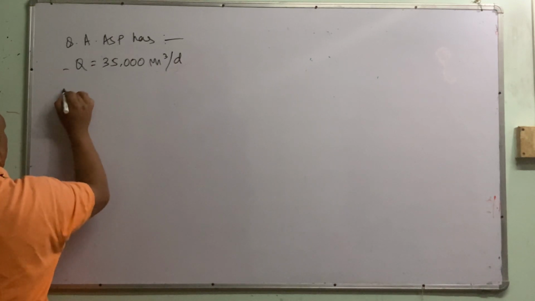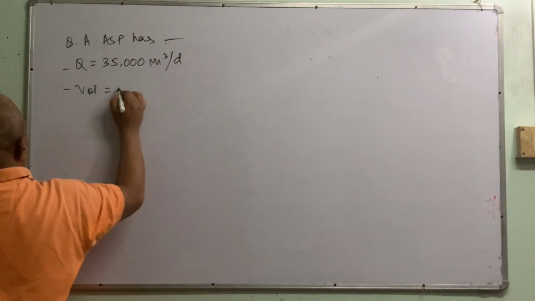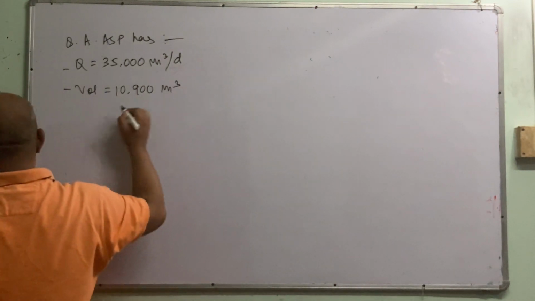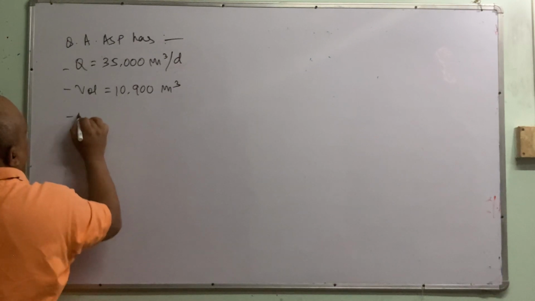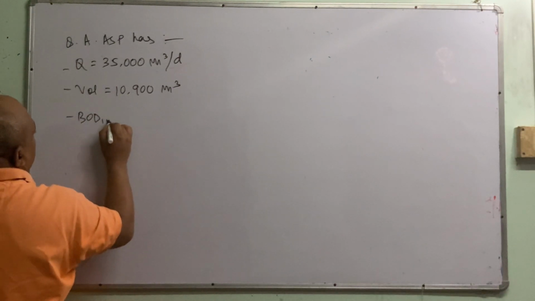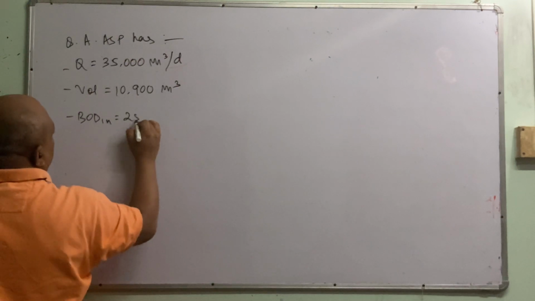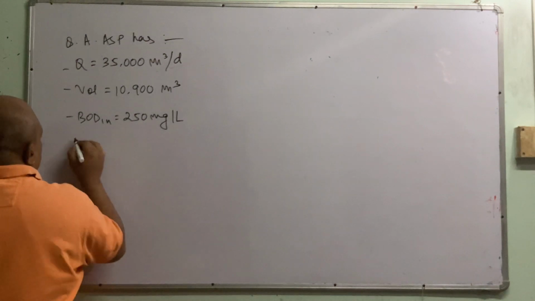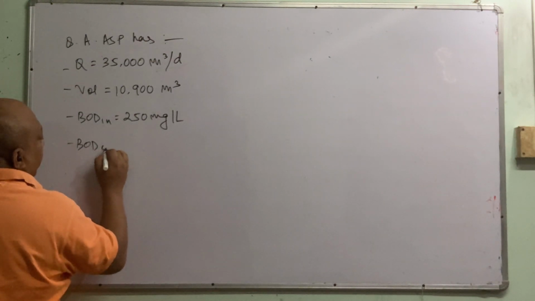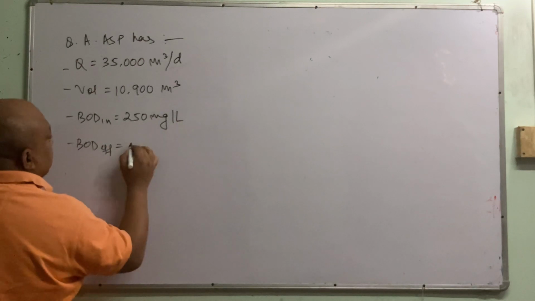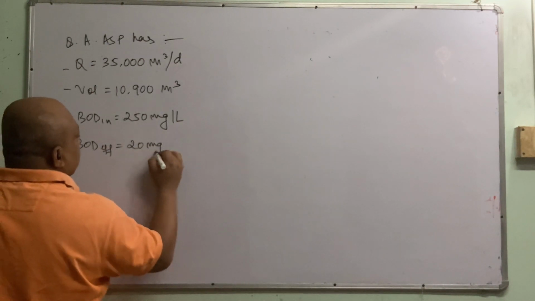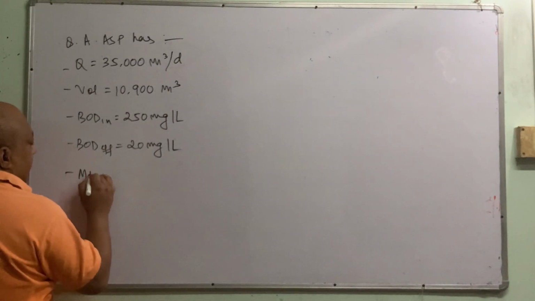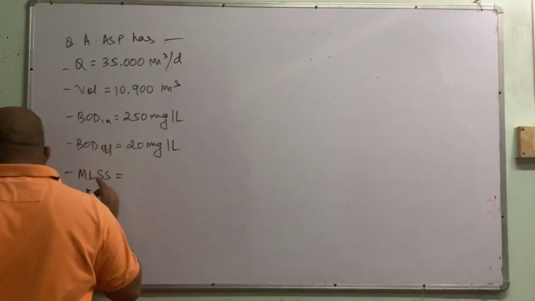It is already designed with the volume of 10,900 meter cube, and the BOD in is equal to 250 milligram per liter, and the BOD effluent that is permissible is 30, so it is coming as 20 milligram per liter. And then I'll come, don't worry, MLSS, don't worry for this.